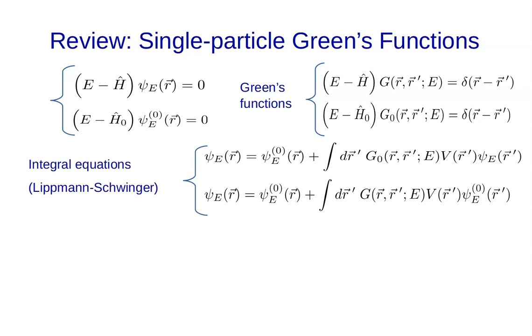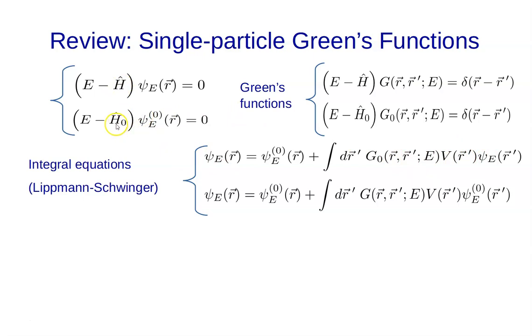So the point here is that if I know these Green's functions, I can obtain the solutions for the Schrodinger's equation for a given energy E. How we solve these integral equations, sometimes called the Lippmann-Schwinger equations, where the Green's function is essentially the kernel, and this is the potential. Remember, H is H naught plus this potential.